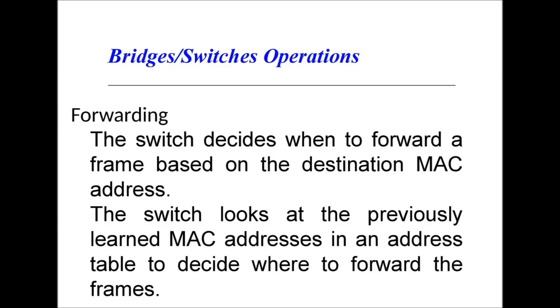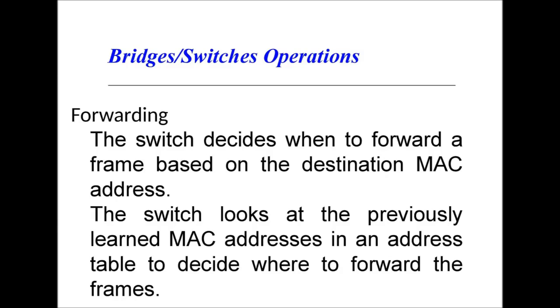So what is the learning process? The learning process is basically to obtain the physical addresses or MAC addresses of all the devices connected in a local area network in one segment to a specific switch. And as the switch is a layer 2 device, it works at the data link layer, and it is an intelligent device that performs unicasting on the basis of MAC addresses.